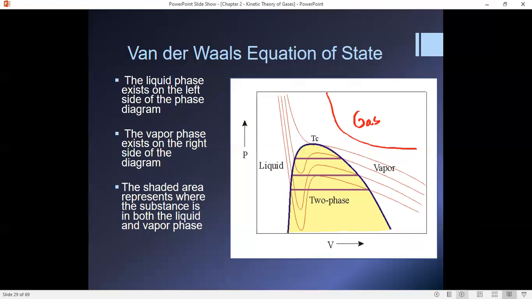But as we approach these lines right here, the intermolecular forces and the volume effect become greater and greater, until finally once I cross this line right here, over here, I get a liquid. So you've got your vapor over here, you've got your liquid over here, and in between the two, it's about 50% liquid, 50% vapor. Then finally it becomes 100% liquid or 100% vapor over here.